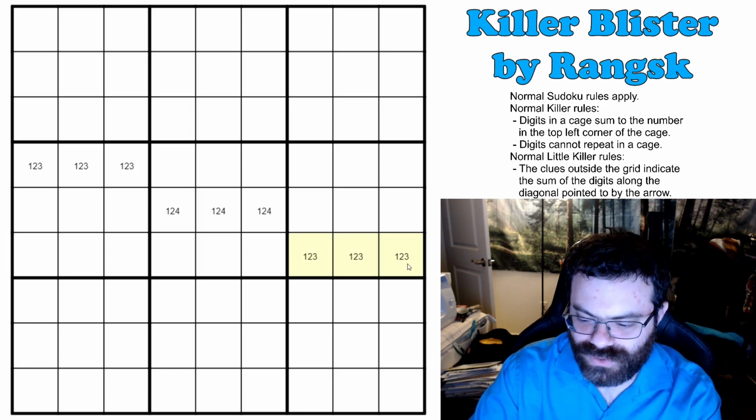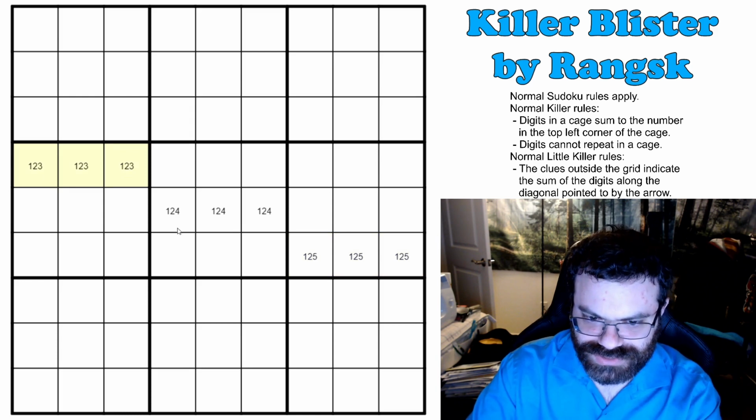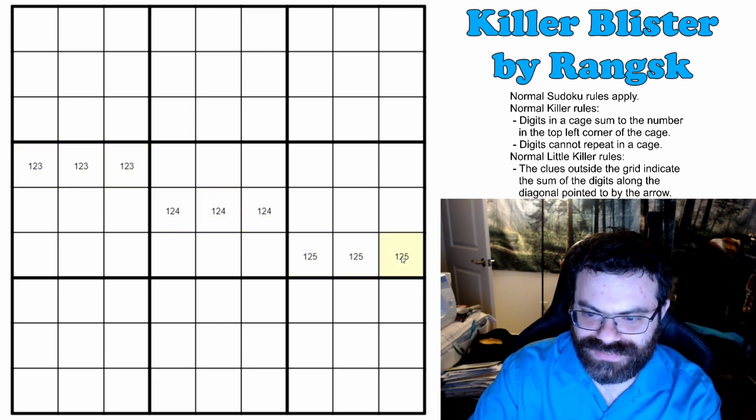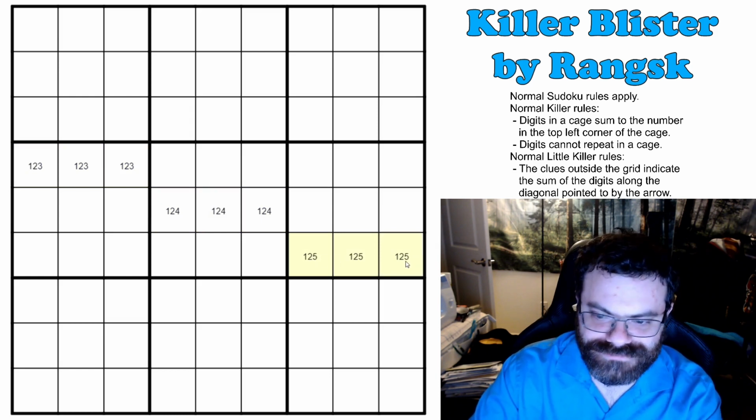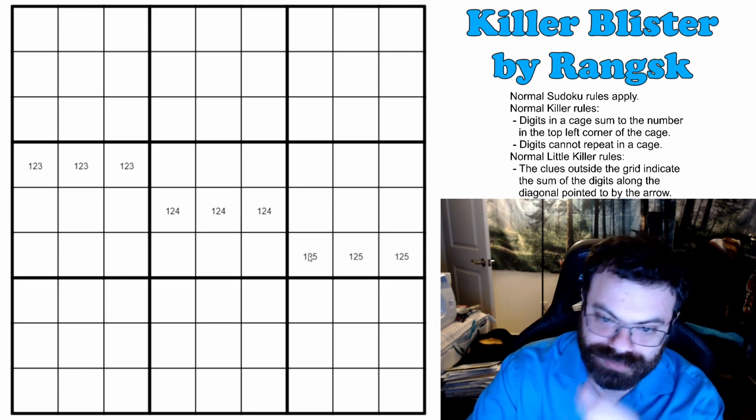And I can't make it a 4 for similar reasons, because that would force a 4 up into here, and there is no 4 there. And so it has to be a distinct number with the 1, 2. So we have 1, 2s repeated down here with a 3, a 4, and then something else, which I call 5. And so this forces the entire band to not be roped.